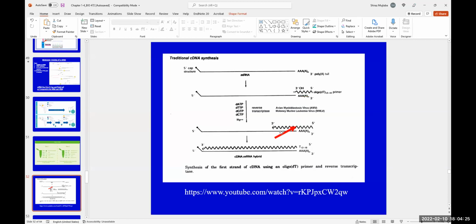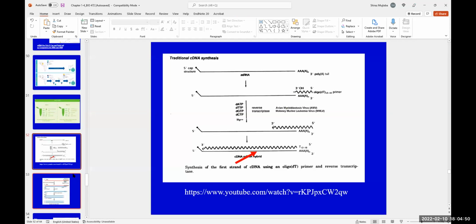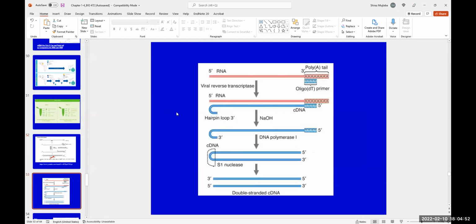Then this synthesizes the cDNA. This is a hybrid of mRNA and cDNA. The newly synthesized wavy structure is the complementary DNA, which hybridizes to the messenger RNA, so this has to be broken. So how to do it? Let's go to the next slide.